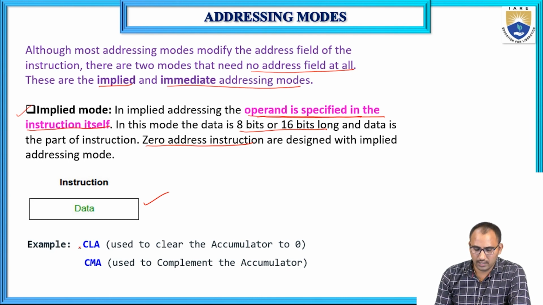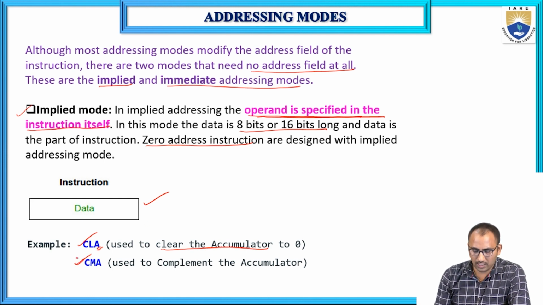Examples are CLA and CMA. What is CLA? Clear accumulator. Clear means the accumulator is loaded with zeros. The default register is the accumulator, and we are not specifying any address field, so it is called implied addressing mode.